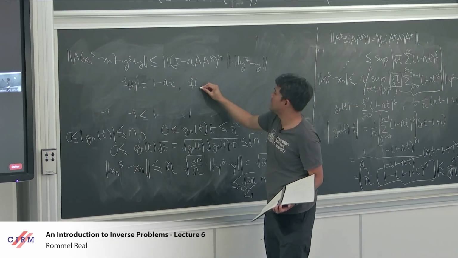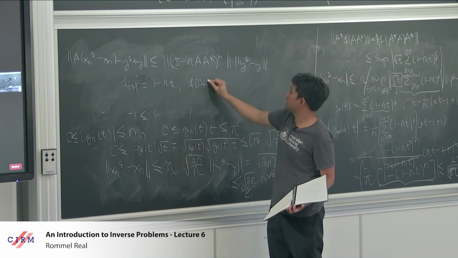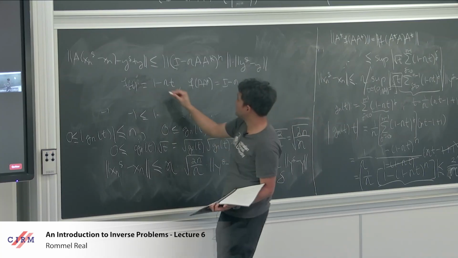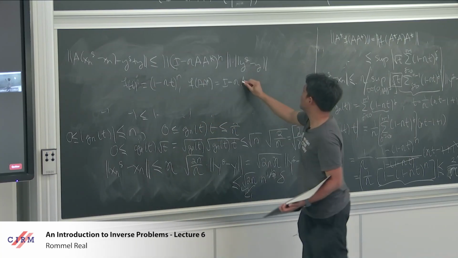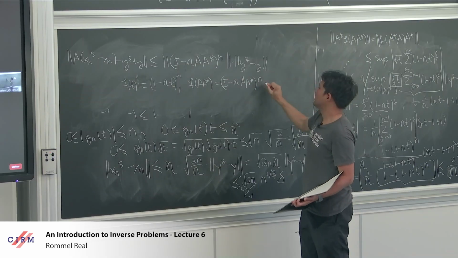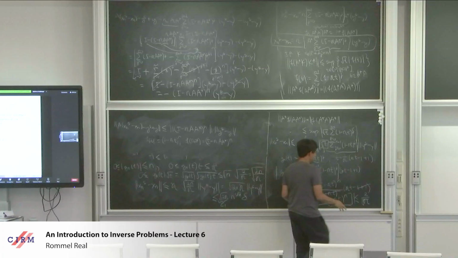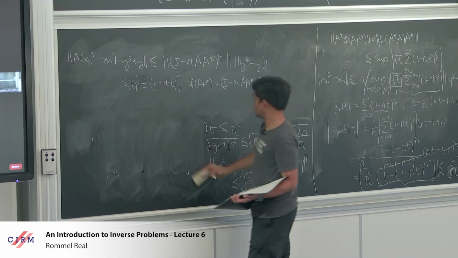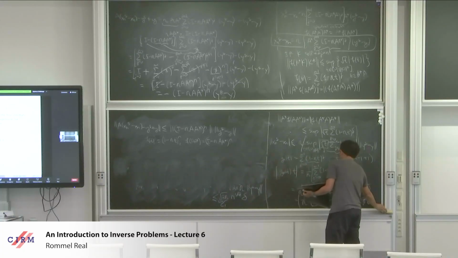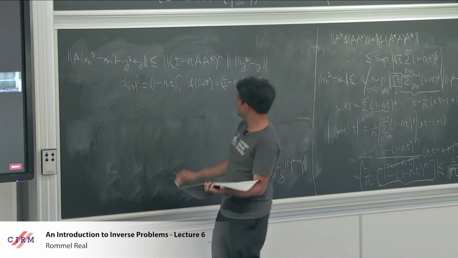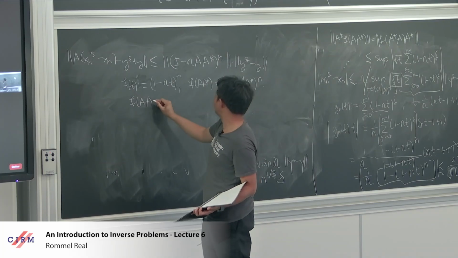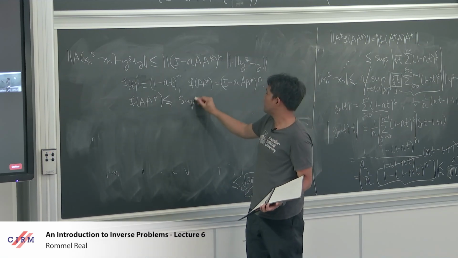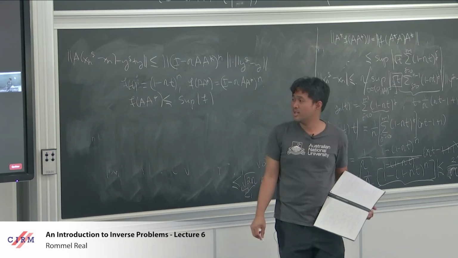then we have f of AA star equals the identity minus eta, actually there should be n. And from spectral calculus, we can show that the norm of f of A A star is less than or equal to the supremum of the absolute value of f.